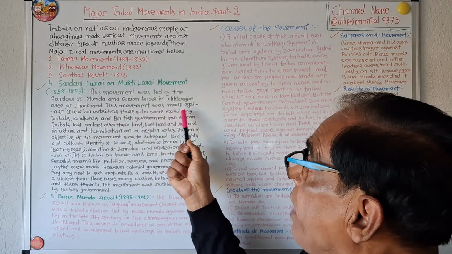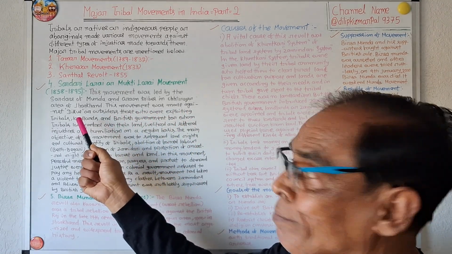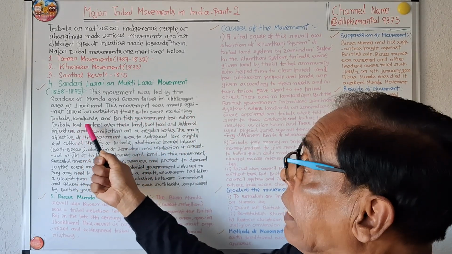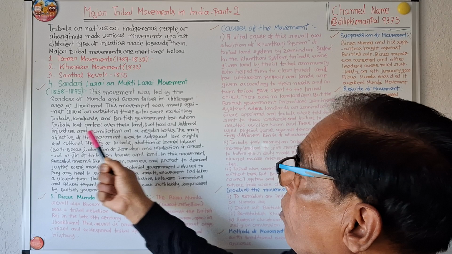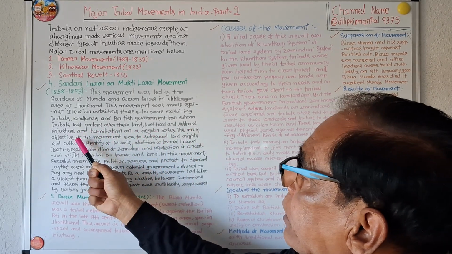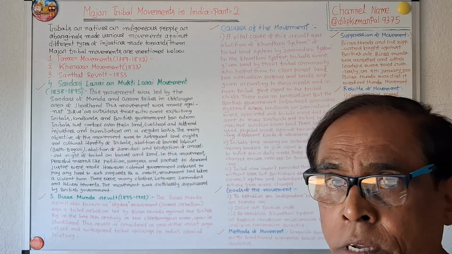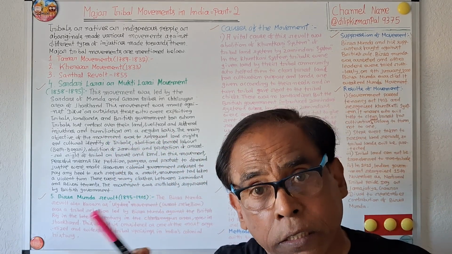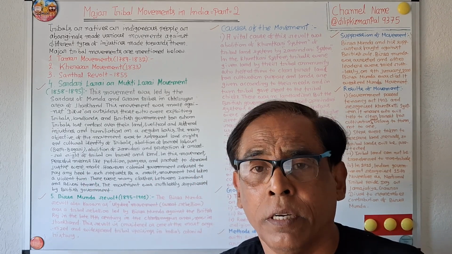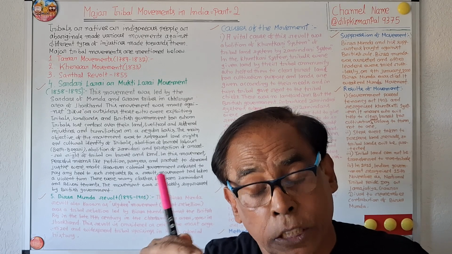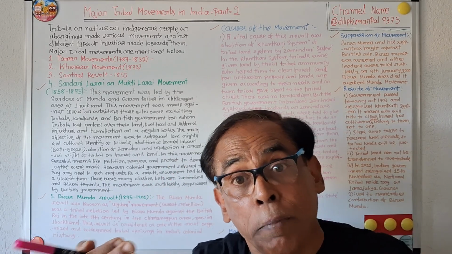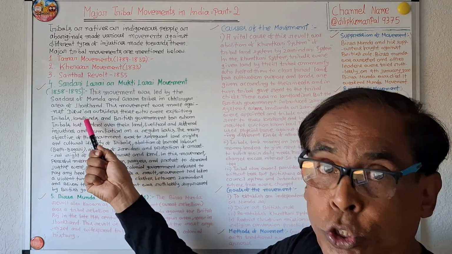This movement was made against Dikos, or outsiders, those who were exploiting tribals, landlords and the British government, for whom tribals lost control over the land and livelihood and suffered injustices and humiliation on a regular basis. Against whom was this movement made? Against Dikos.